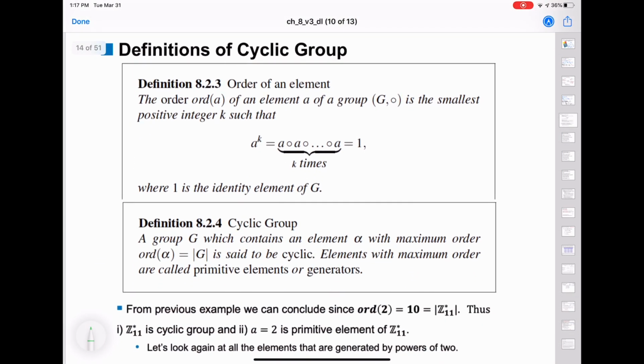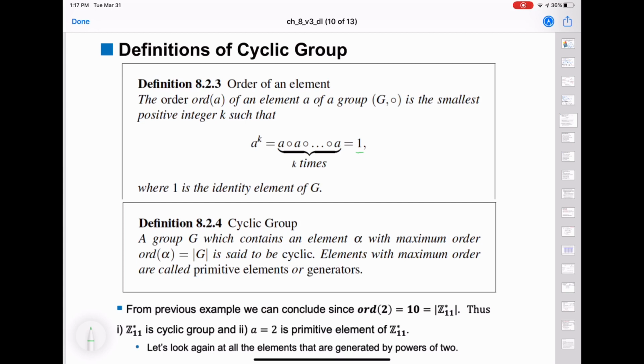Let me go to the definition right now. The definition is order of an element. The order of an element A of a group G is the smallest positive integer k such that they satisfy this condition. As soon as you reach 1, you're going to have the order of that one.